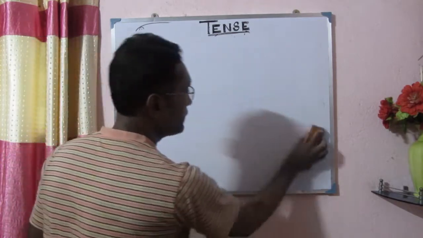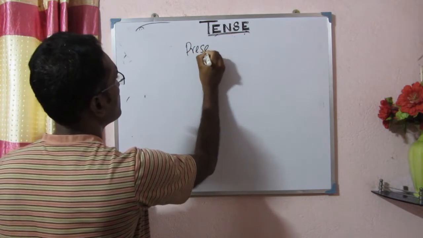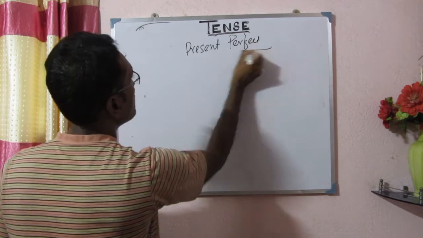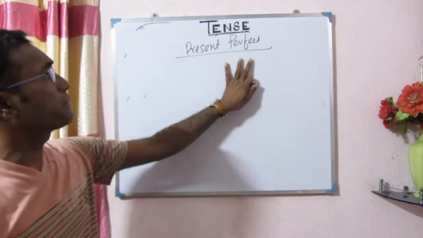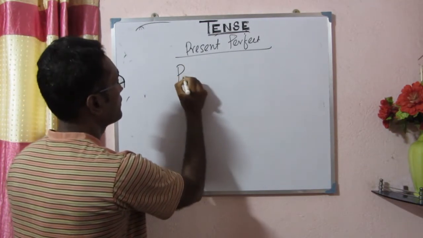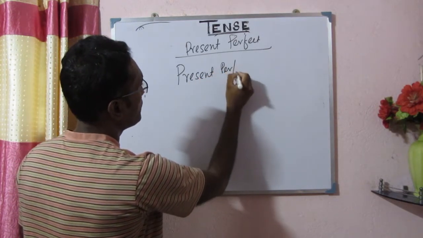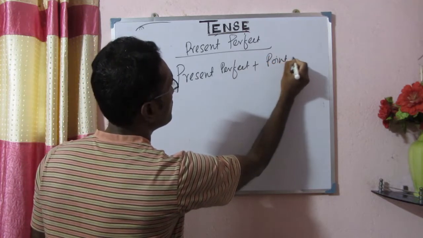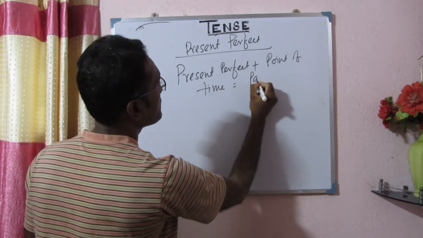Then we are coming to present perfect tense. When we use present perfect tense, remember two things. One is that if present perfect is used with a point of time, then it becomes past tense.